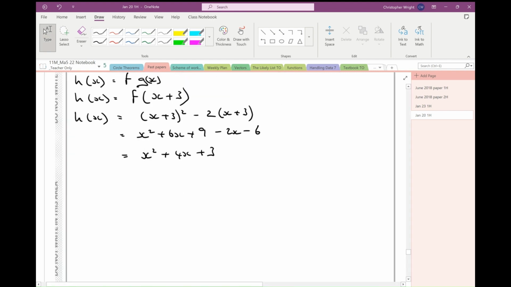So we're going to find it useful to complete the square here, to write h of x as x plus 2 squared minus 1. Okay, so that's what h of x is. So the inverse function, h to the minus 1 of x, is going to be the inverse of that. So we're going to have the x, going to plus 1, going to square root it, and then minus 2. There you go. So that is the inverse function.